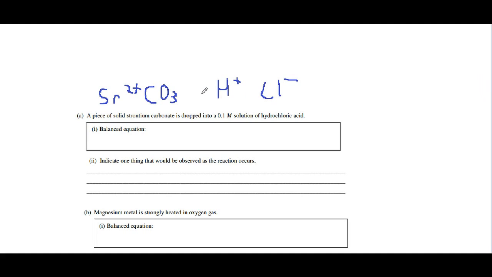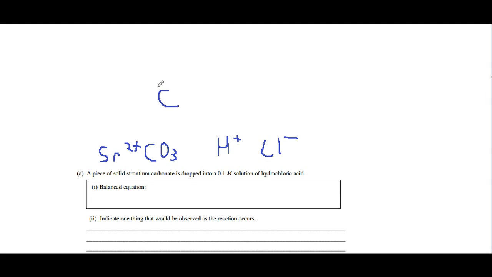So how is this going to react? Well, we know that carbonate acts as a base in solution. You should know that. That's a good fact to know. Because the coordination complex, let's draw that out, of this carbon is very unstable. So we have a double bond, a single bond. It's bonded to carbonate, so it's bonded to 3 oxygens.